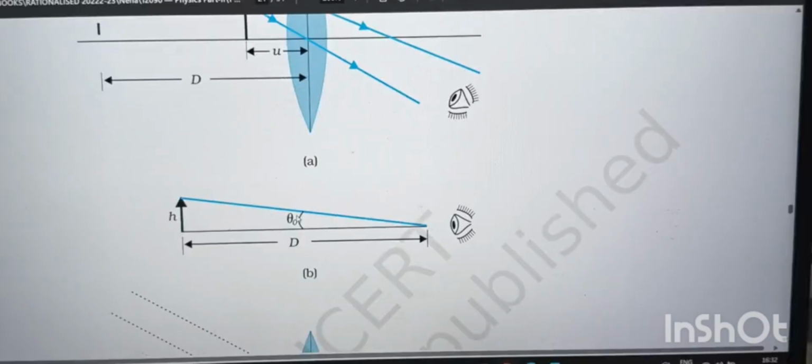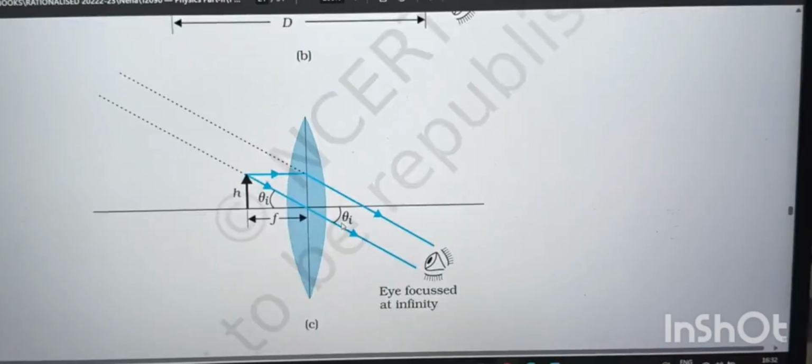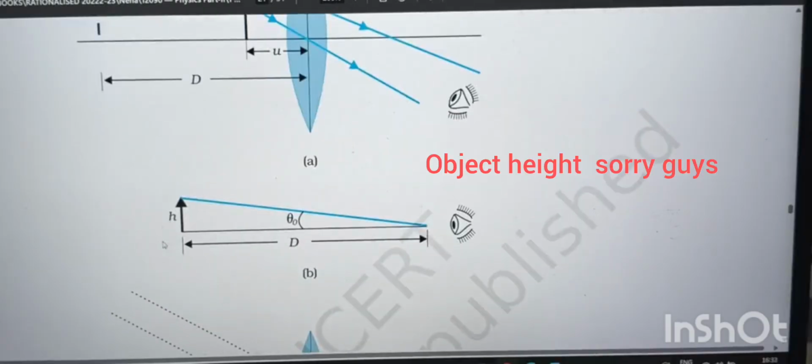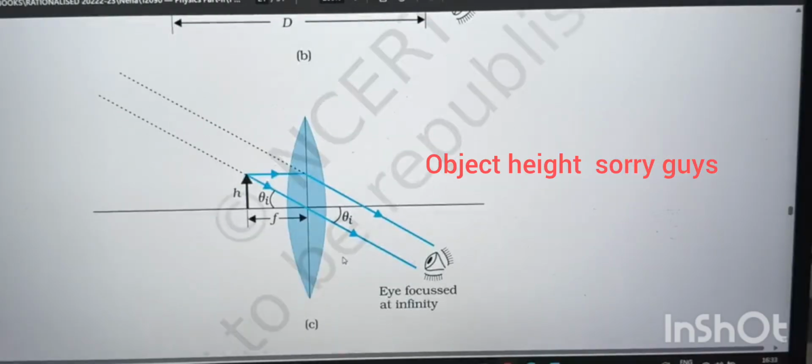This theta naught is the angle the image forms at your eye. This distance is the least distance of distinct vision, so we are thinking the image forms exactly at 25 centimeters. In that way we have placed the object, and the object's height is h. The image height is also h because the image forms at 25 centimeters.